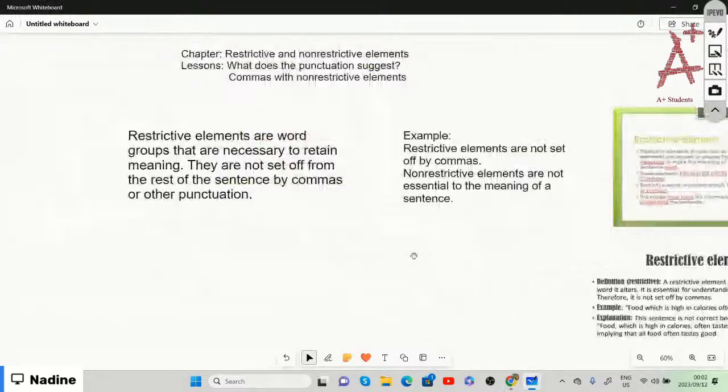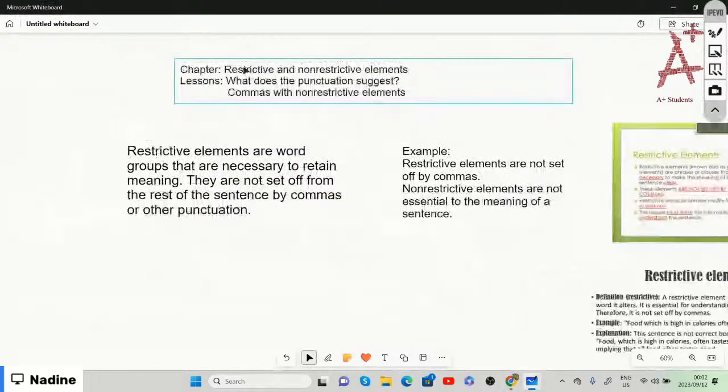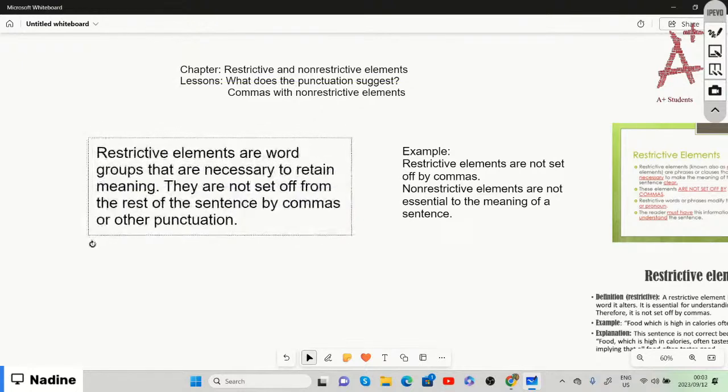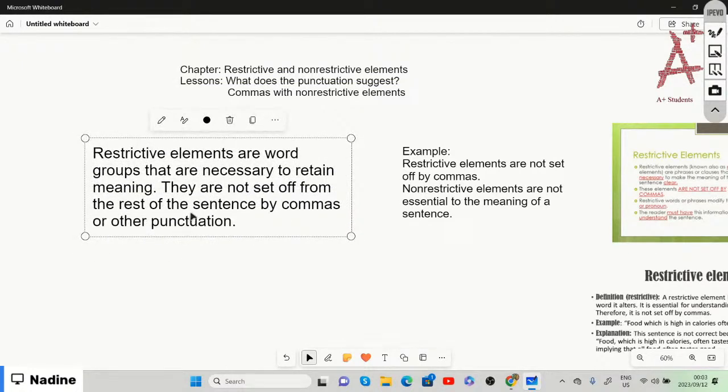All right, so we said that we are doing the chapter of restrictive and non-restrictive elements, and our focus lessons are what does the punctuation suggest and commas with non-restrictive elements. All right, so restrictive elements, right, are word groups that are necessary to retain meaning.